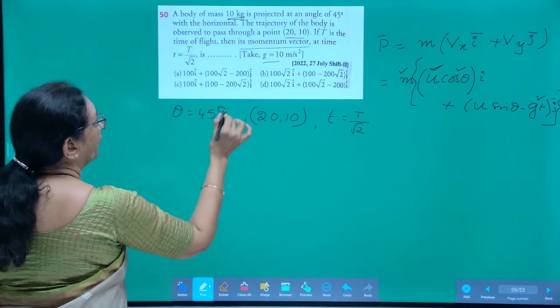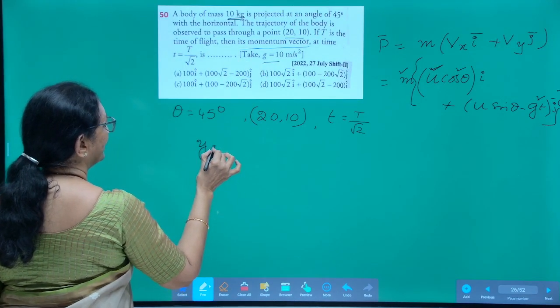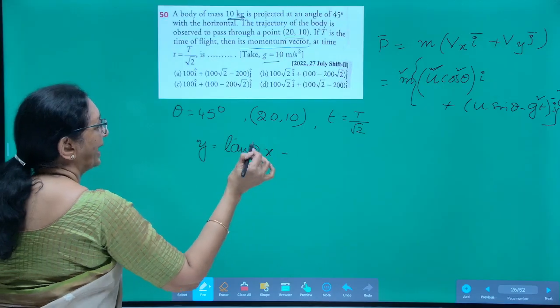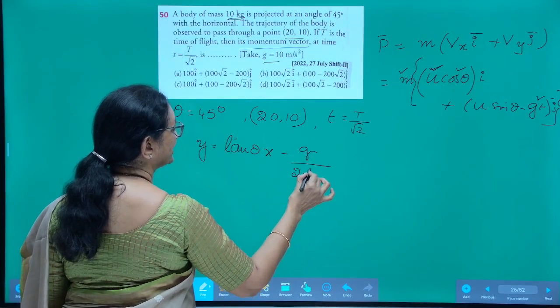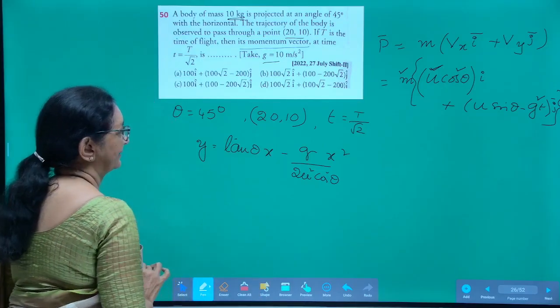So, what is the relation between x and y? y is equal to tan theta x minus g by (2 u square cos square theta) into x square.